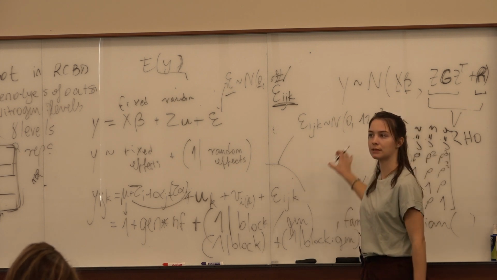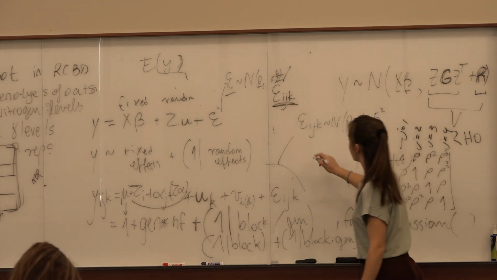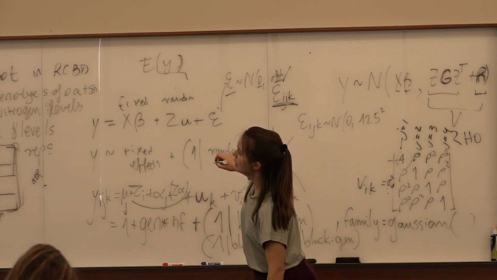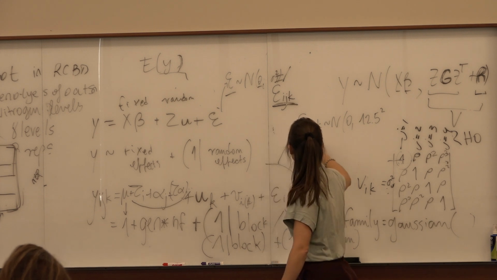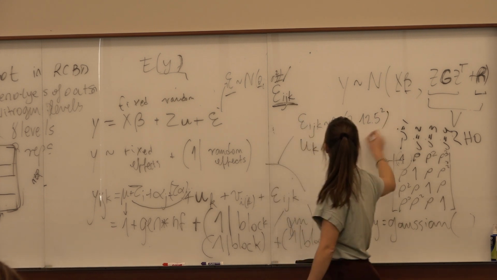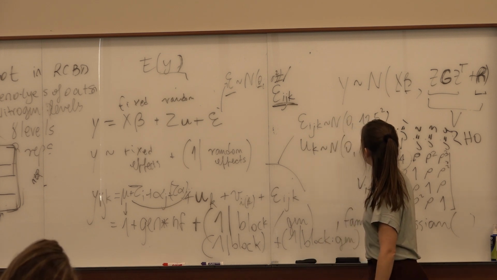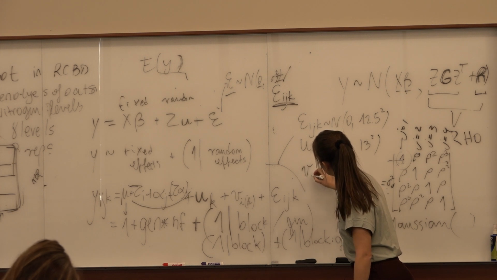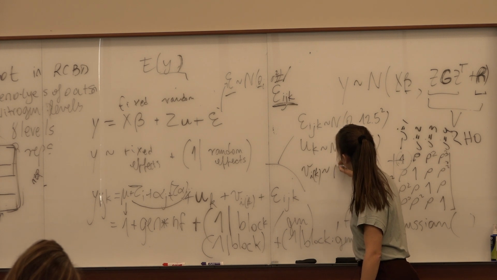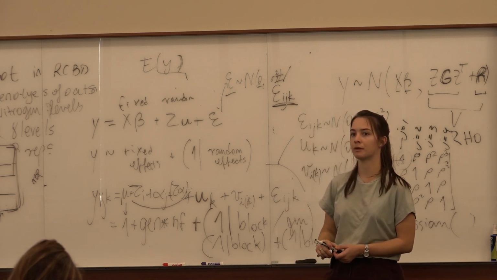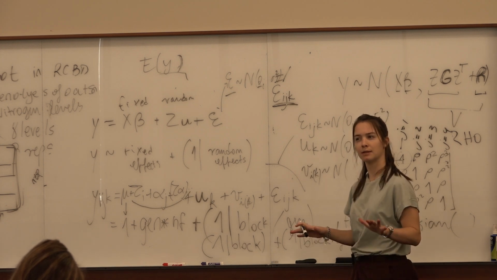That's our estimate for the variance. The variance of the blocks was 13. And the variance for the whole plots was 9.4. Does that make sense?